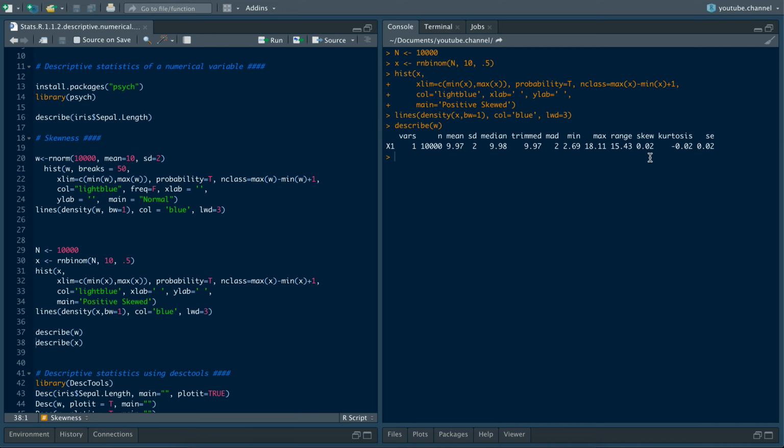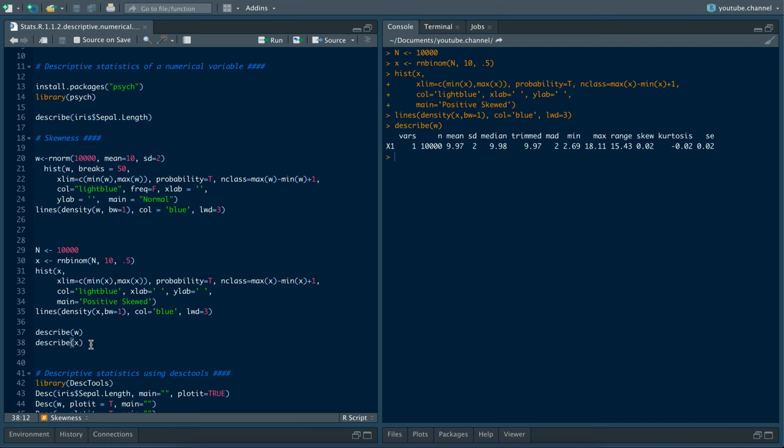So a distribution with large kurtosis would have, of course, a skewed distribution, while those with a small kurtosis would not. In this case, the kurtosis is very small, minus 0.002.